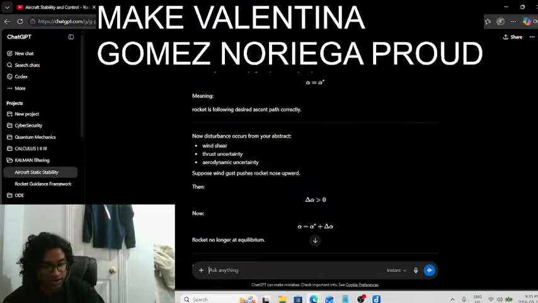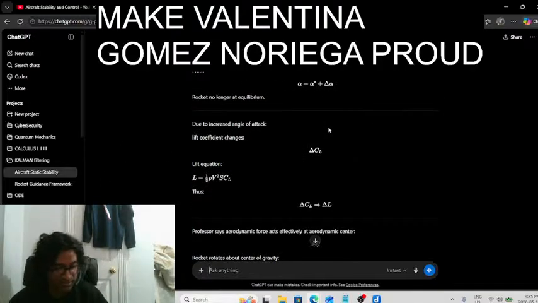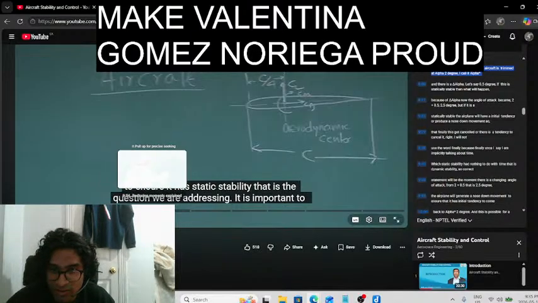So now you're going to have alpha being alpha conjugate plus the disturbance. So this is no longer at equilibrium. Due to the increased angle of attack, the lift coefficient changes. So there will be a change in C_L. Okay, how far are we? Oh my god.